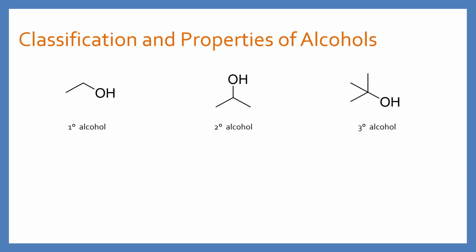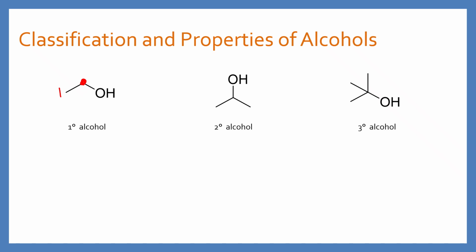Okay, and then we can also classify alcohols the same way that we've been classifying alkyl halides and carbons and hydrogens. We look at the carbon that the alcohol is attached to and then count the number of carbons directly bonded to that carbon. So this carbon that I've highlighted has a bond to one other carbon. That makes this a primary alcohol.